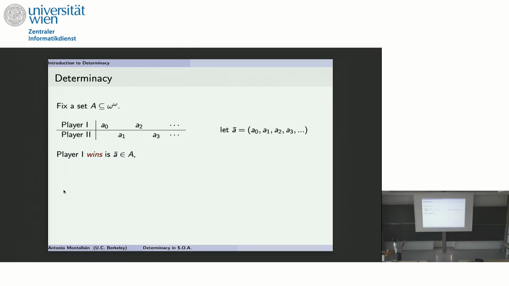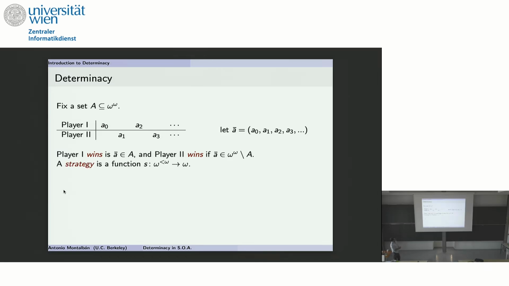Before starting the game, you fix a subset A of the sequences of natural numbers. That tells you what the game is. Player 1 wins if the sequence belongs to the set, and player 2 wins otherwise. So you set the rules beforehand: player 1 wants to be in A, player 2 wants to be outside A.